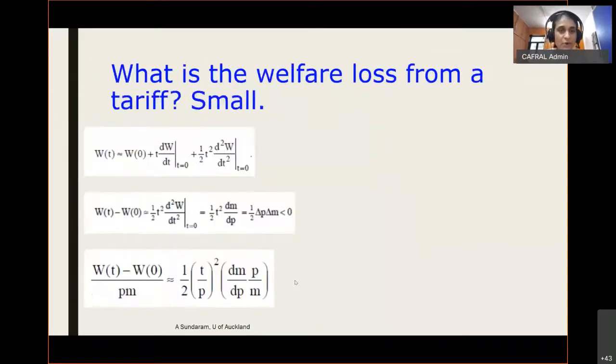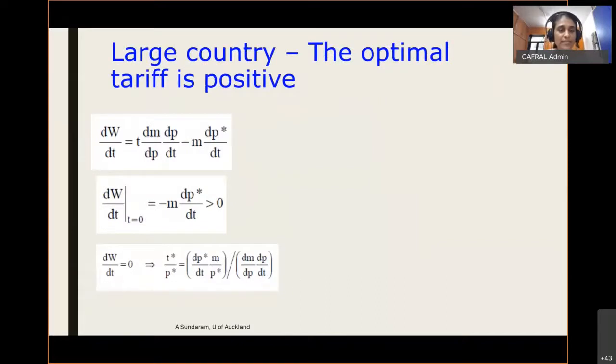Right? So I'm going to say dw over dt is just the combination of the first two terms. I'm going to set that equal to 0, and I will solve for the optimal tariff. So the optimal tariff is t star, which is defined in this expression here. That is the level of tariff at which dw over dt equals 0. Okay? So this is why we say this is the optimal tariff.